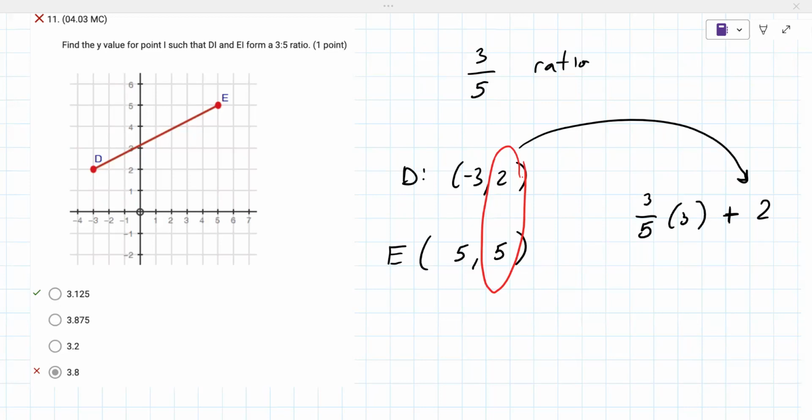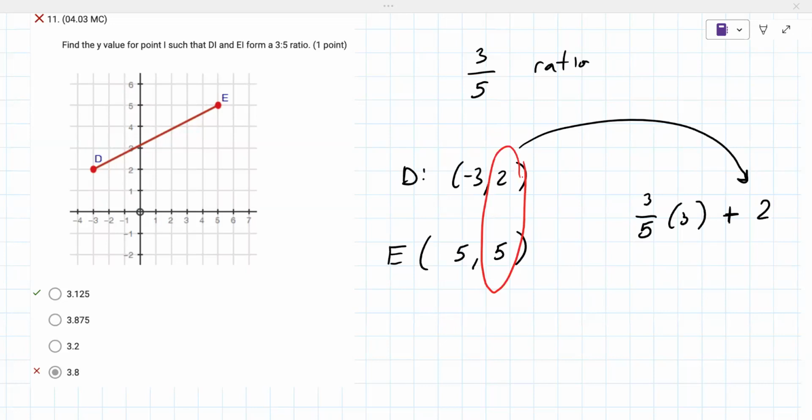So the issue was that I was using a traditional ratio, which is not what they meant. So let's see, it's the Y value, but I still got 3.8. Technically, it's 3.8.